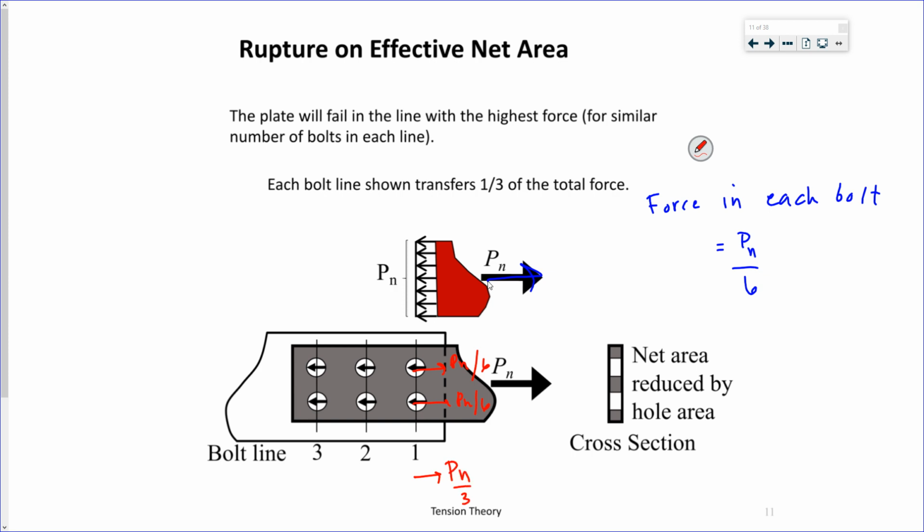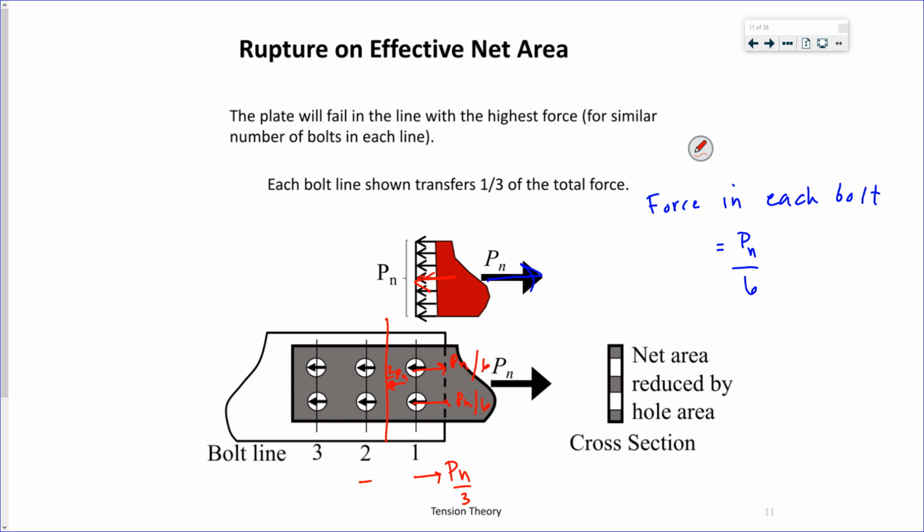So if I get to here, Pn acting this way to the left, minus Pn over 3 acting the other way, the force in the plate is 2/3 Pn.